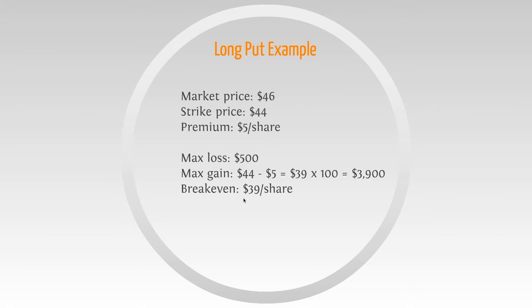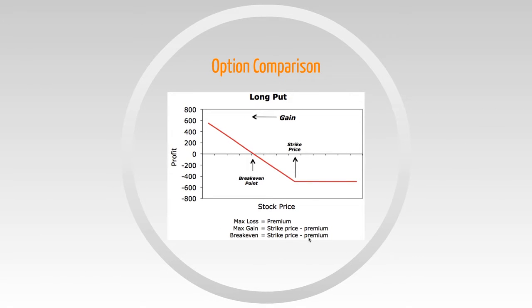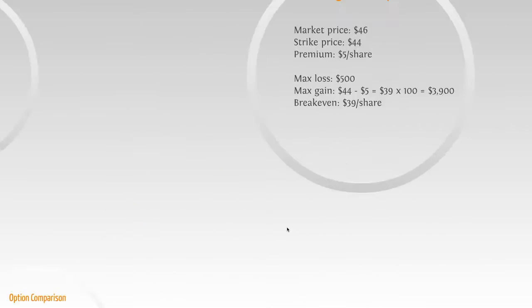Our break-even is $39 a share, which is our $44 minus the $5 for the premium. And we saw that here: our break-even is the strike price minus the premium. As the shares go down, we're going to reach that break-even point and make back our premium, and hopefully a little more.